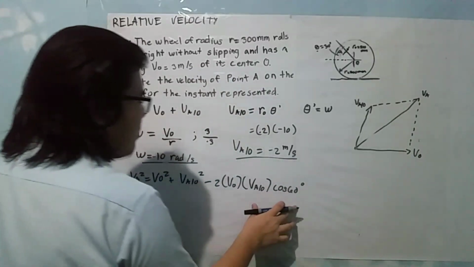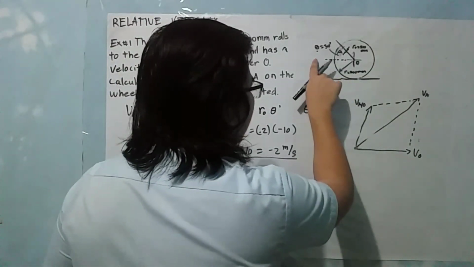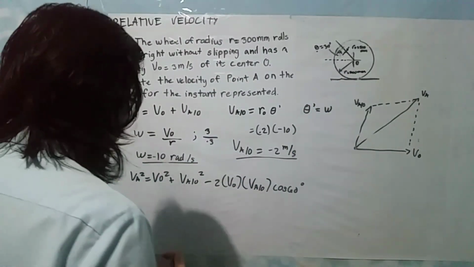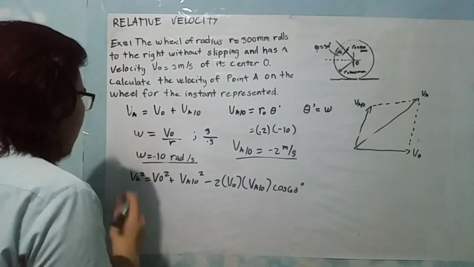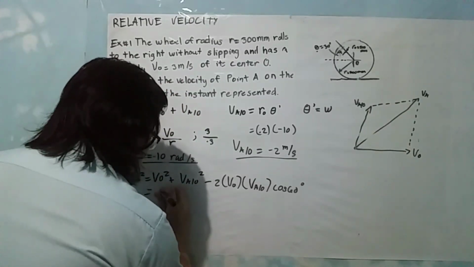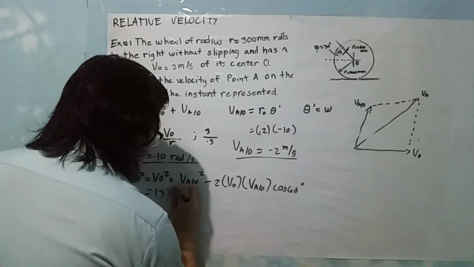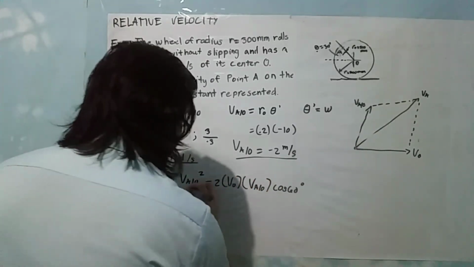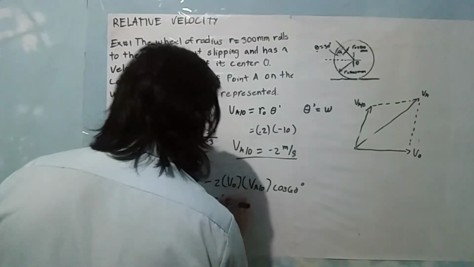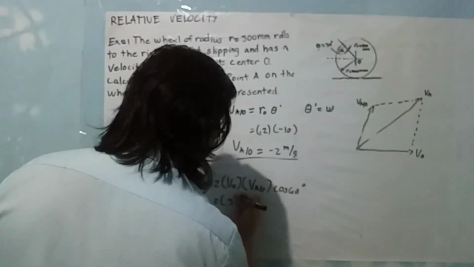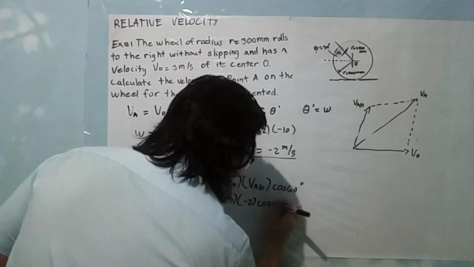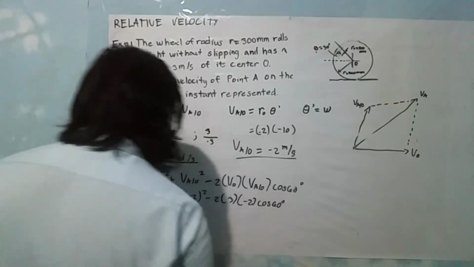So, why 60 degrees? It is the 30 degrees flipped, so it became 60 degrees. So, substitute all the given values. We have for v sub o, 3 squared plus negative 2 squared minus 2, 3, negative 2 cosine 60 degrees.